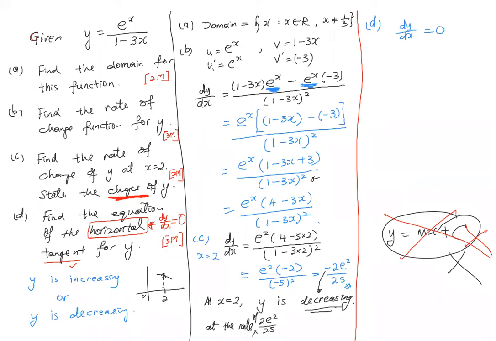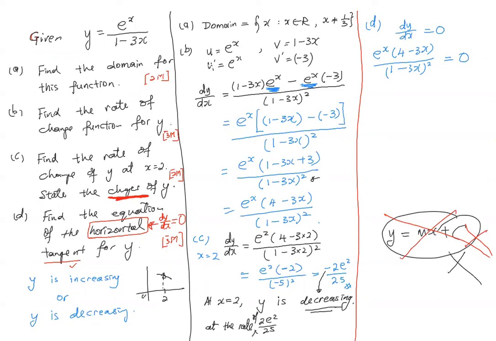Oh, B. Okay, you tell me the expression. E to the power of x, yes. 1 minus 3x, squared, equal to 0.